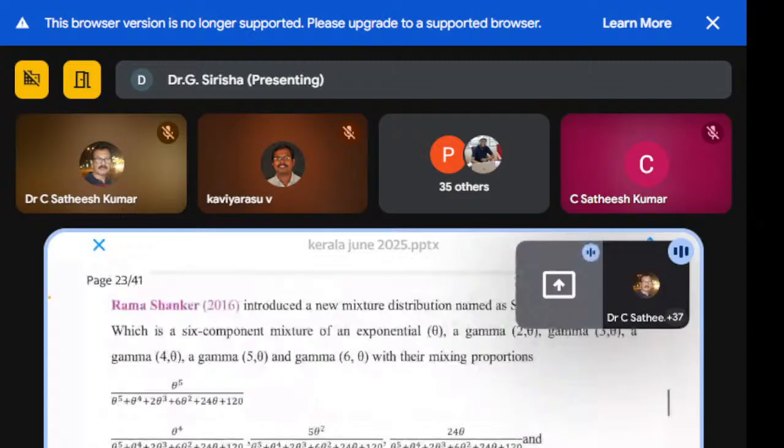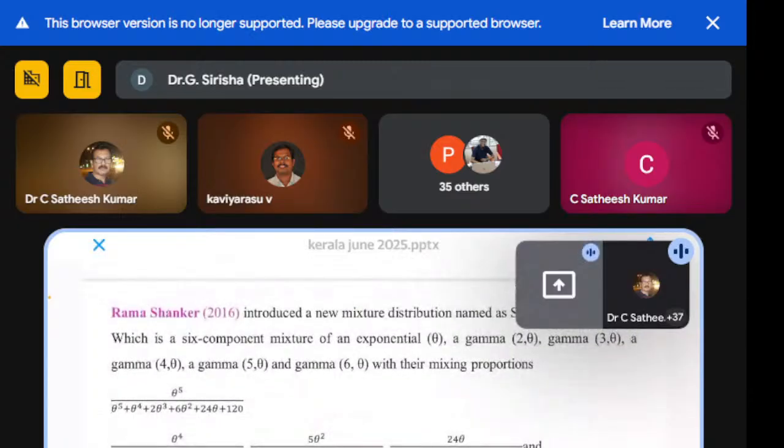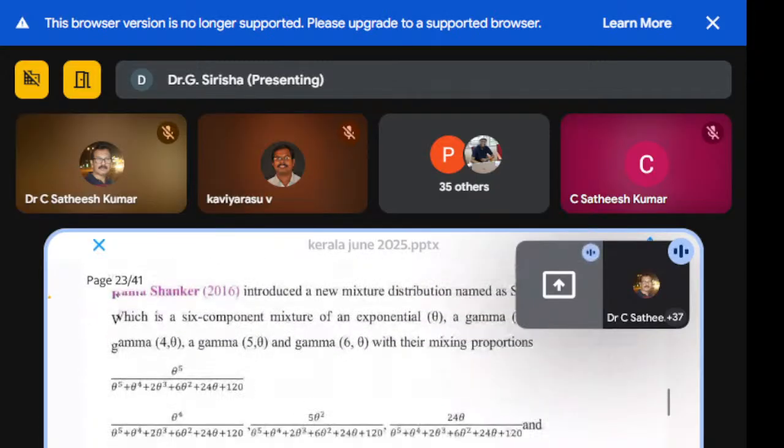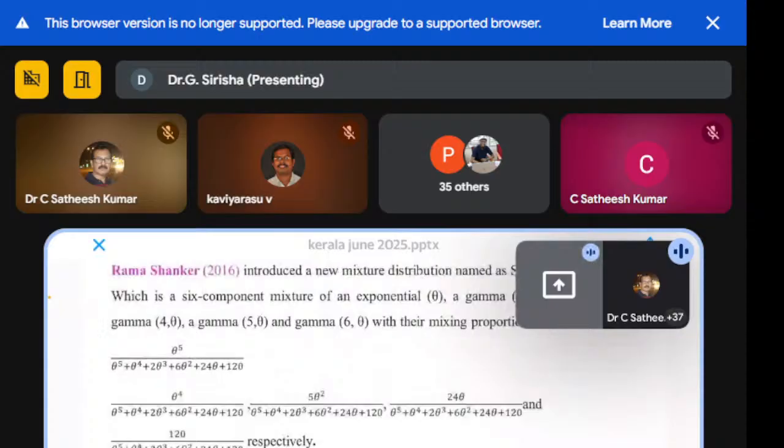This is the other distribution proposed by the same person, named Shambhu distribution, which is a six-component mixture distribution: gamma, exponential, and the remaining five gamma distributions with different shape parameters. And these are the corresponding fixed proportions.